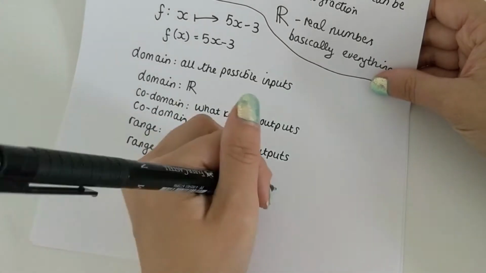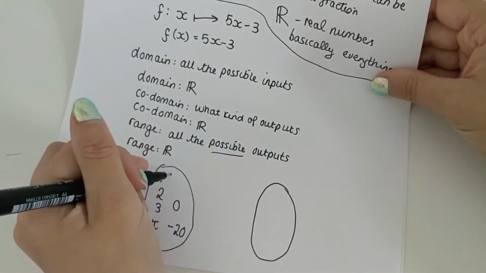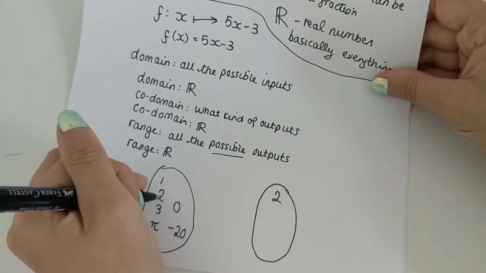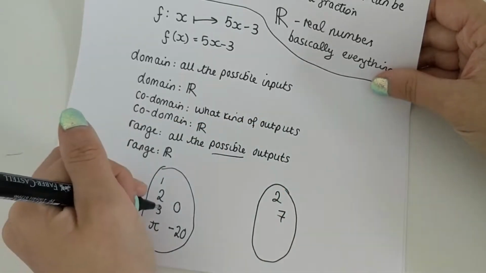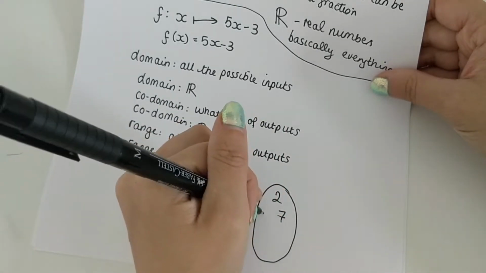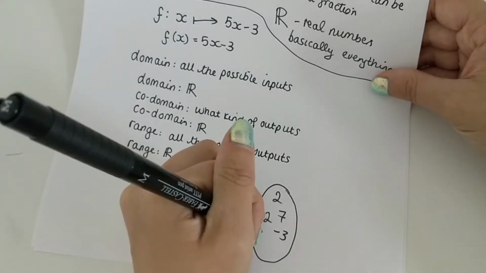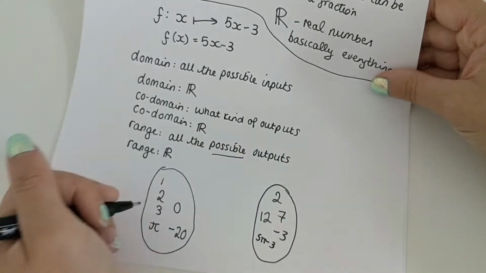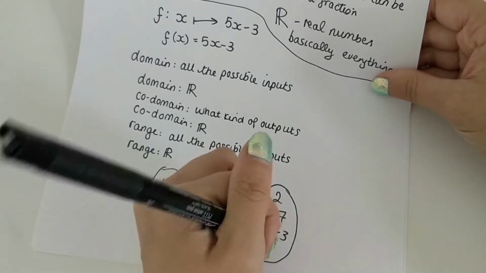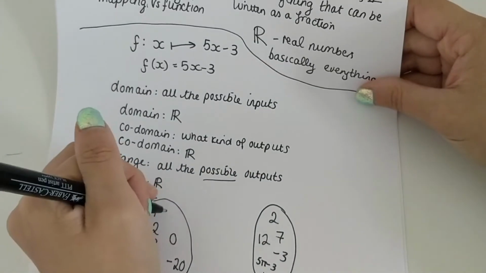And then if I work out some outputs: 2, 7, 12, minus 3, 5 pi minus 3, and minus 103.